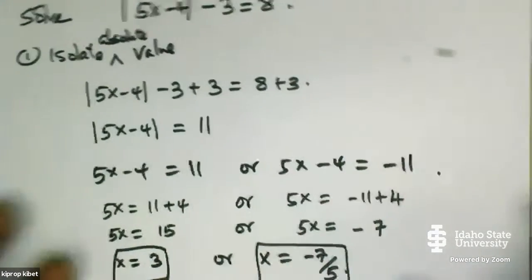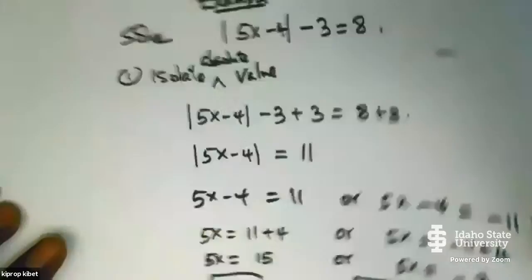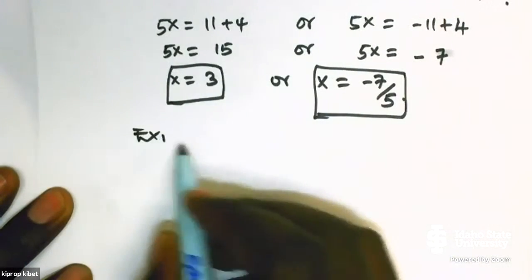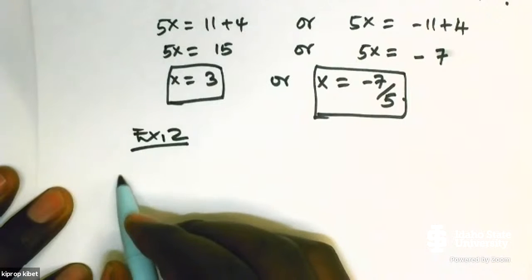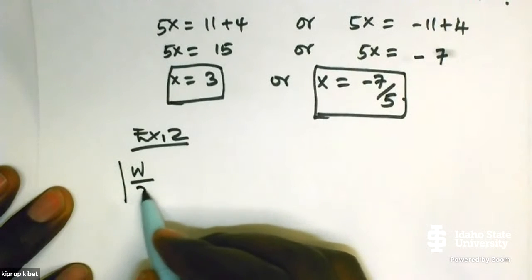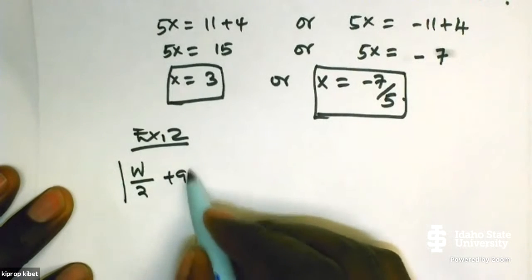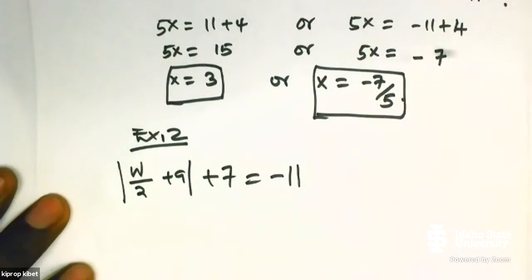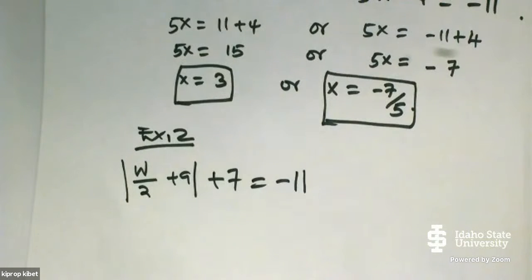Okay, another question here, another example. Example 2: we have the absolute value of w over 2 plus 9, plus 7, equals minus 11. So how do you solve this?